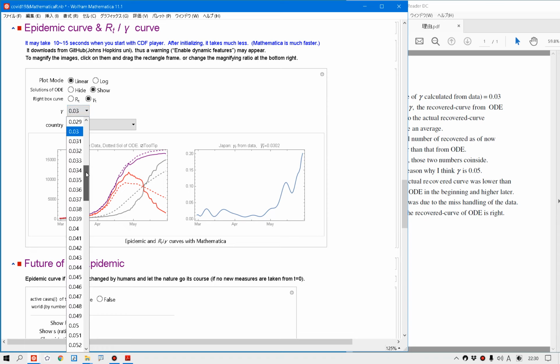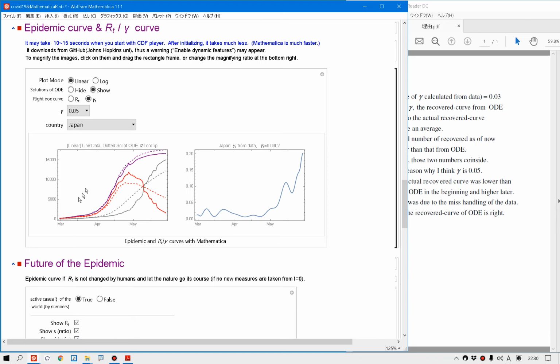Rather than that, I think this number is better, because these two graphs coincide recently, but there is a big gap here. But you can explain this, because in a chaotic situation, reporting recovered is not as important as new cases.